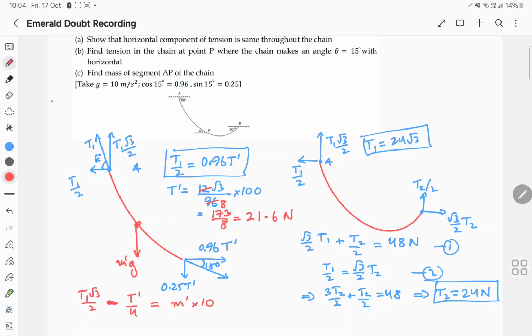T1 root 3 is 24 into 3 by 2, so 12 into 3. 12 into 3 is your 36 minus your T dash. So you can put in the value and get your answer, right?